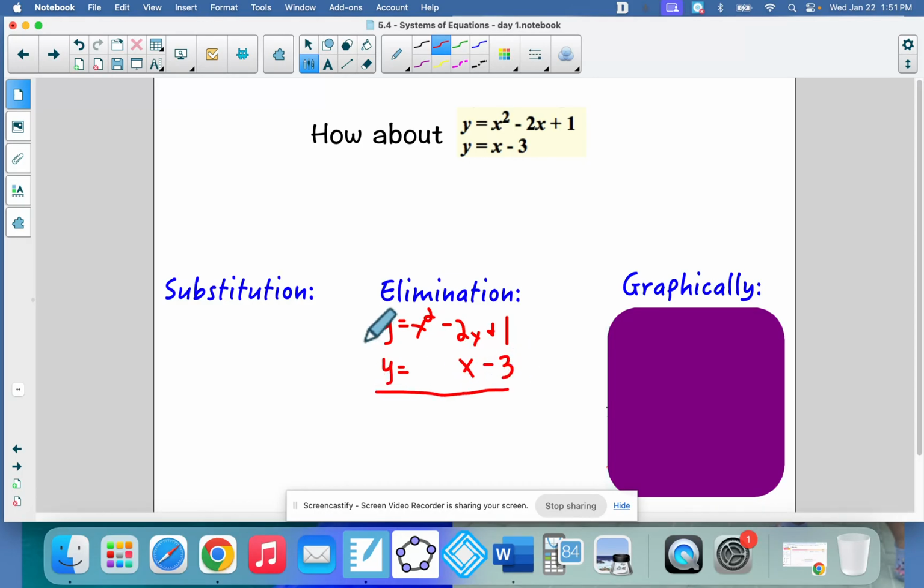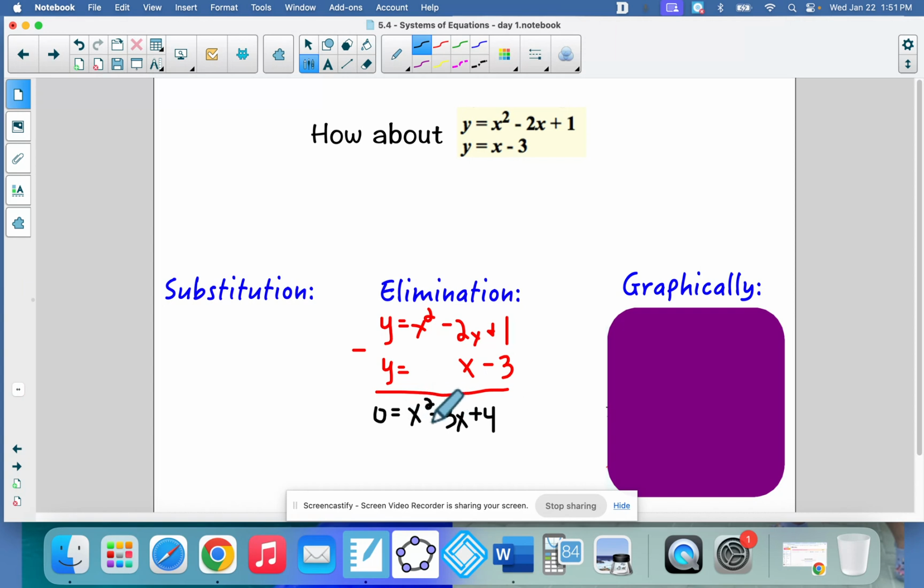When I do it this way, just subtracting these down, I get 0 equals x squared, negative 2x minus another x would be minus 3x, and then 1 minus negative 3 would be 1 plus 3, so we get plus 4. Now this is tricky. Things that multiply to 4 and add to negative 3, that is not factorable. So I would actually have to use the quadratic formula for that one.